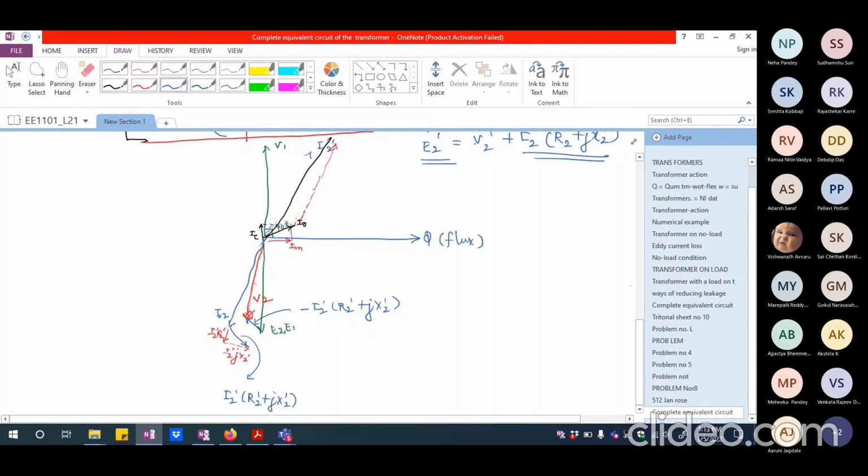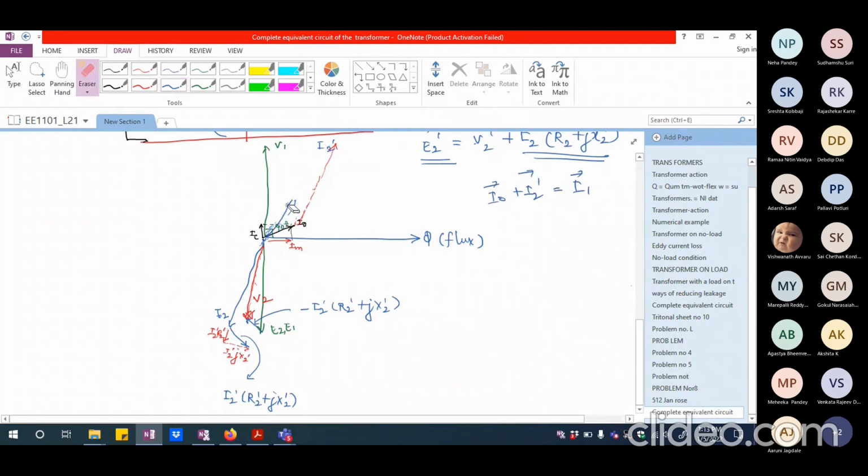Just a second. Let me draw this I2 dash as it is. This is I2 dash. So my I1 is going to be somewhat like this. I have to just draw these two put together. So I1 is basically I0 plus I2 dash added together.